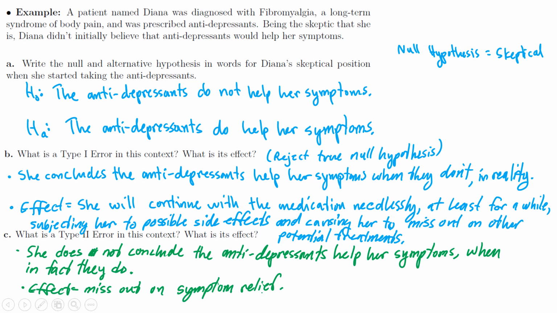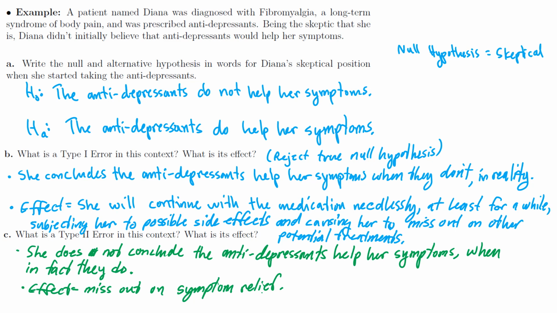Well, suppose, for example, kind of the opposite of the last scenario, that her fibromyalgia is really kicking in at the moment that she starts taking the antidepressants, or at least once the antidepressants are about to go into effect. And so her pain would have been much worse without them, but the fact that the pain's still there, she says, okay, this isn't working, when in fact they were really helping to keep things under control. So that could happen.